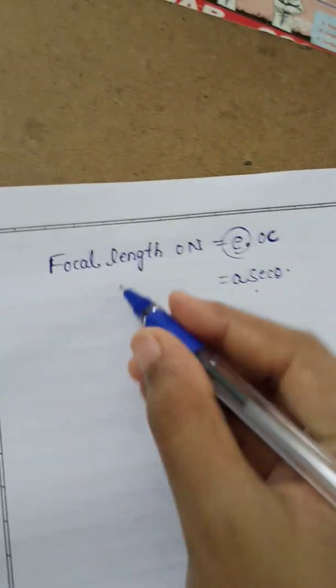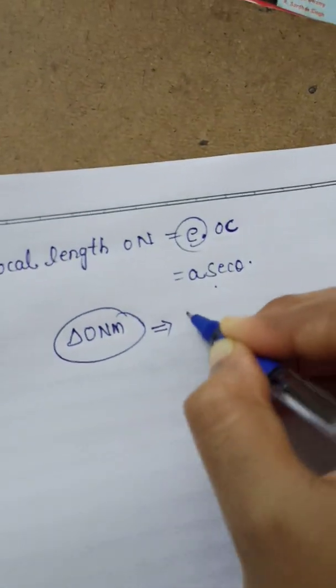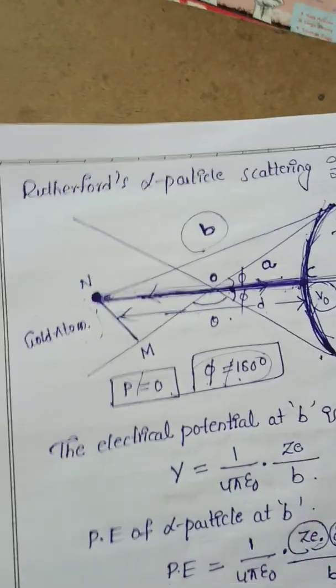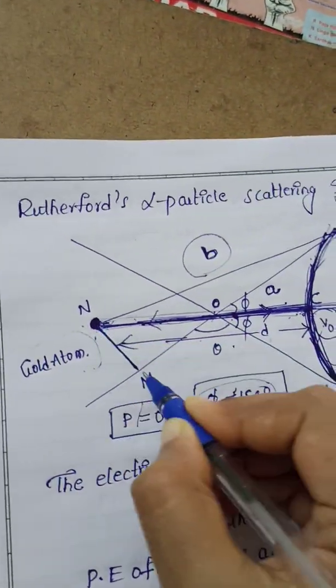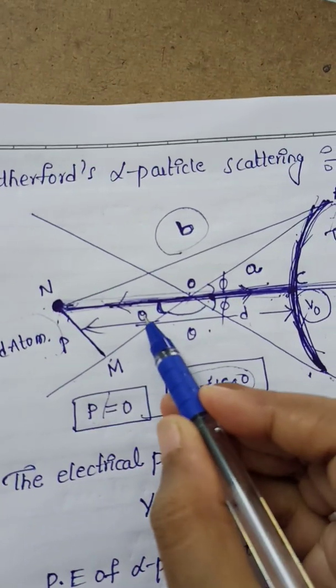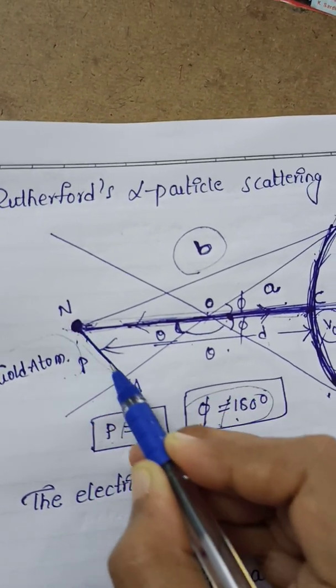Now take the triangle ONM. From the triangle ONM, I have the value of sin theta. See here, it is theta. According to the triangle ONM, this value is p.